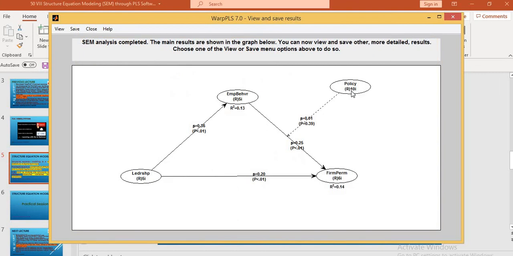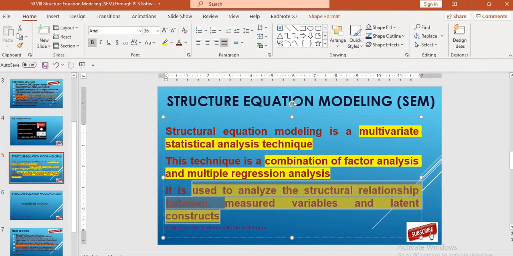Earlier, when we put the policy here, the moderated effect of the policy and the leadership was found significant, but the moderated effect of the employee behavior and the policy on the firm performance was found insignificant. So this is very important about the measured variable and latent variable, and then to analyze the structural relationship. This is all about today's lecture.